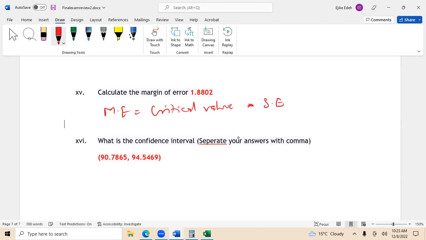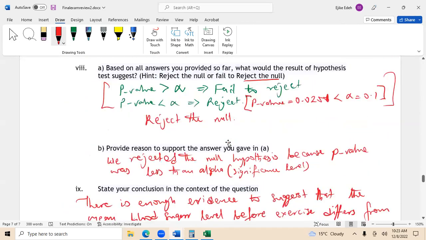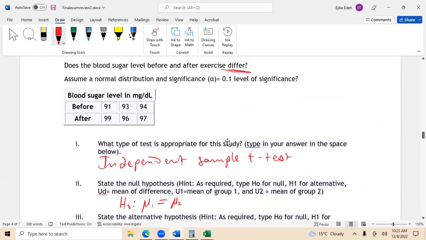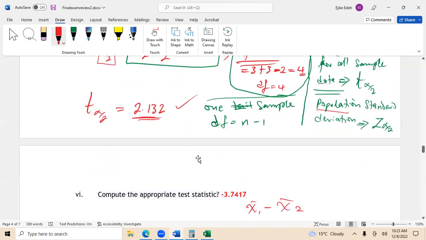That is the margin of error, right? So you know your critical value is T alpha over 2, times, you know your standard error is standard deviation divided by square root of n. And you already have all these values, right? So let's go pick them up and put there. Critical value, let's go all the way to the top. Our critical value is 2.132.